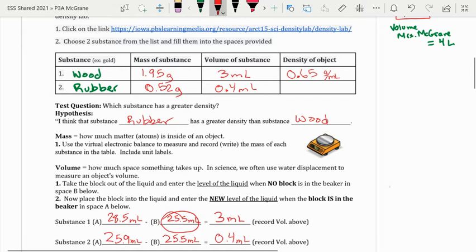And at this point, I should probably tell you that 1 milliliter equals 1 cubic centimeter and equals 1 cc. These are all the same volume. They take up all the same space. 1 cubic centimeter means that I would have a cube that's a centimeter by centimeter by centimeter. That's what that means. Each side is a centimeter.